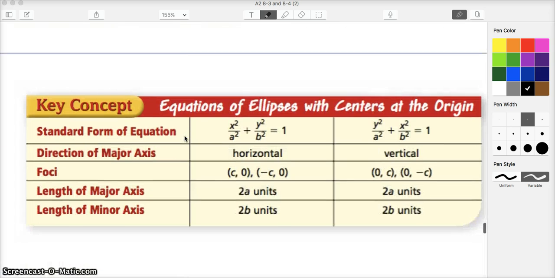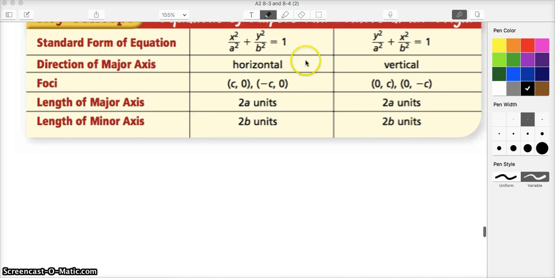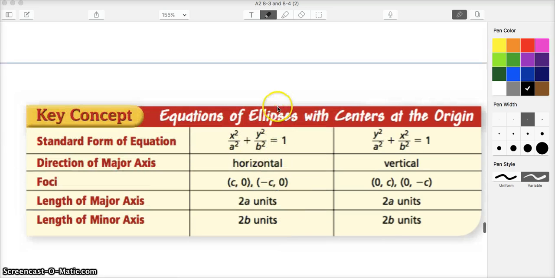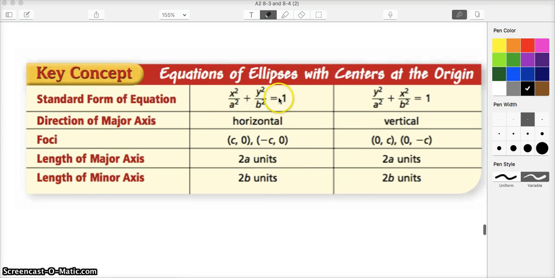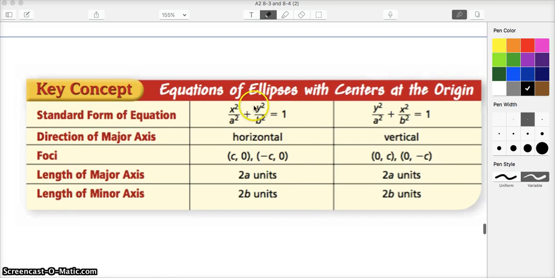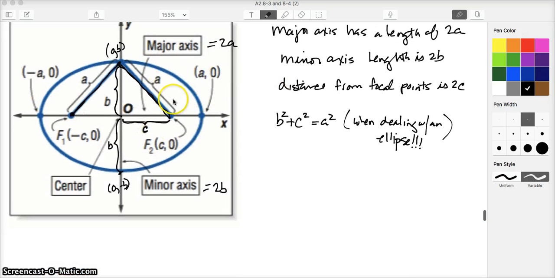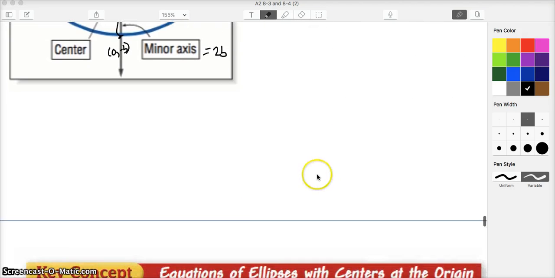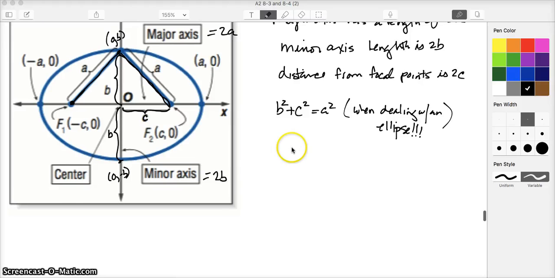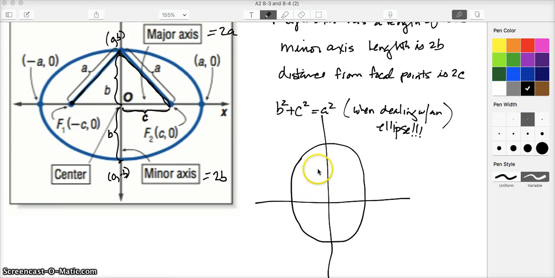Now, as I told you before, sometimes our ellipse can be oriented in a couple of ways. So one way is that our ellipse is oriented horizontally like this, and sometimes our ellipse is oriented vertically. And what that means is that our major axis is vertical. It's going in that kind of way. And so the focal points are here, and everything that was true here is true here, but now the x and y have switched.